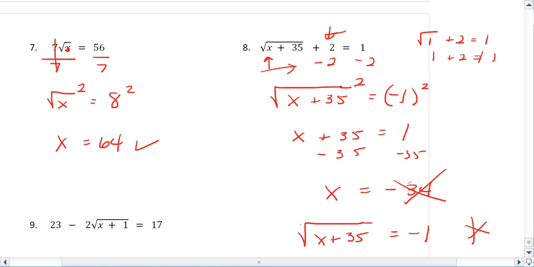Can you take the square root of something and end up with a negative number? And the answer is no, we can't. So had we recognized that, that would be a real indicator that we could run into some problems. But finish the problem, check your answer, and see. But for our example 8, there is no solution.